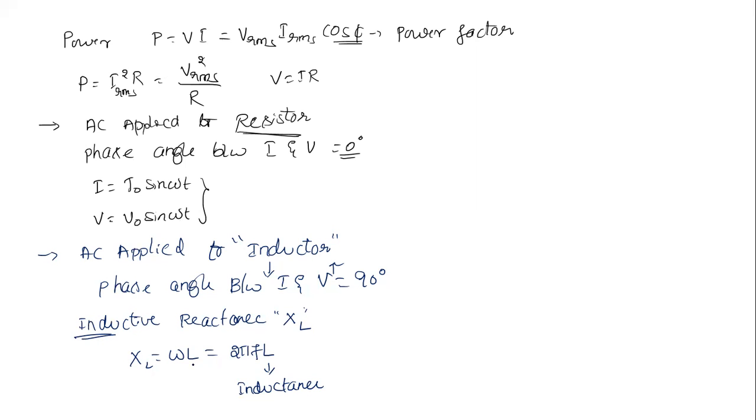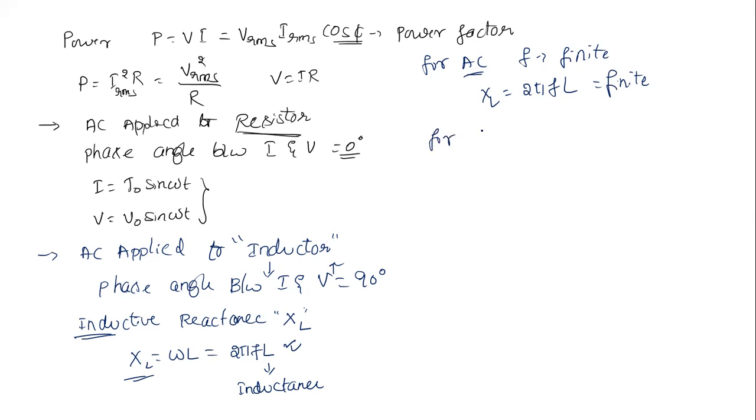Now, for AC and DC, what is the condition here? Let us see. For AC, frequency is finite. If you use this formula, XL is 2 pi fL, so a finite amount of resistance will be there for alternating current by the inductor.